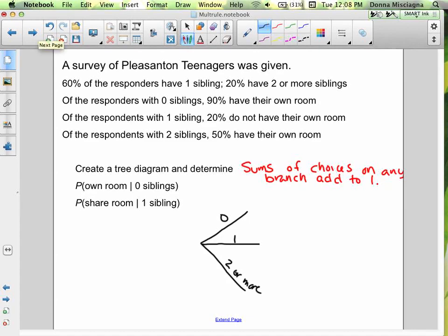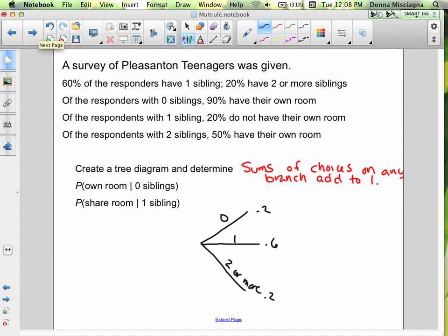Okay, 60% have 1 sibling, and 20% have 2 or more. Well, it's got to add up to 1. If 60% have 1 and 20% have 2 or more, that's 80%, so there's only 20% left to have 0.